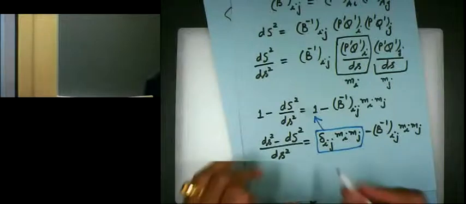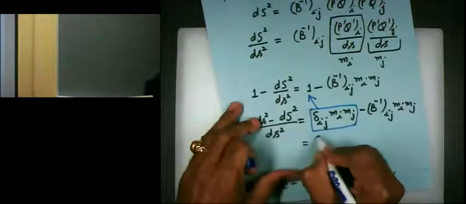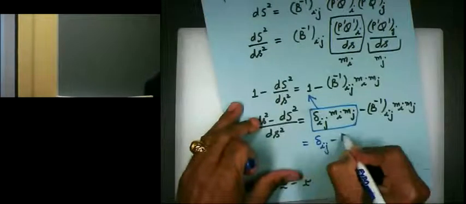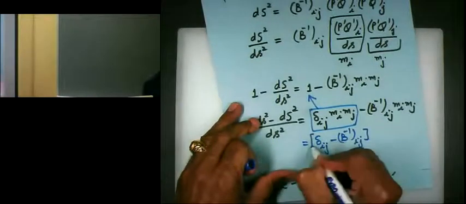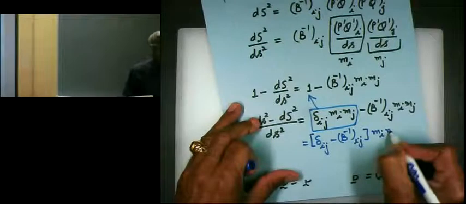So this becomes delta ij minus b inverse ij, mi mj. So mi mj is a common factor, so we can take it out.